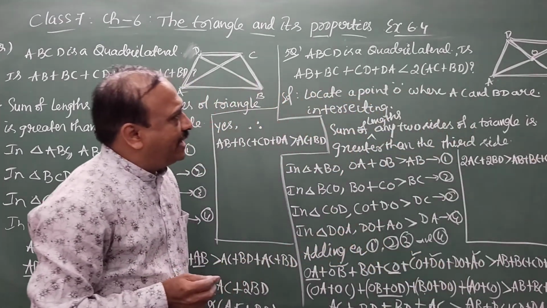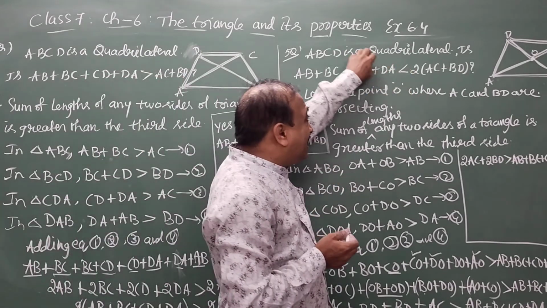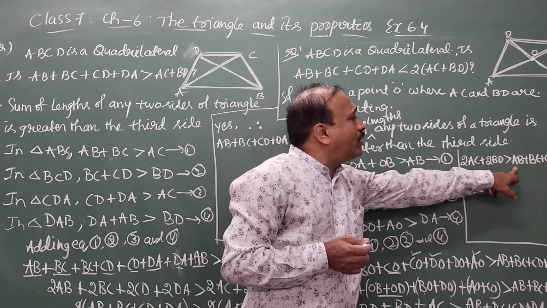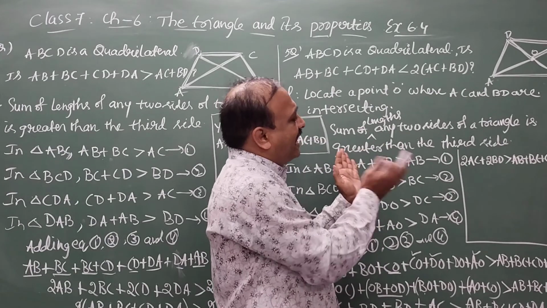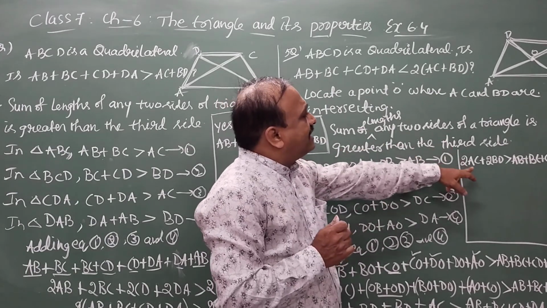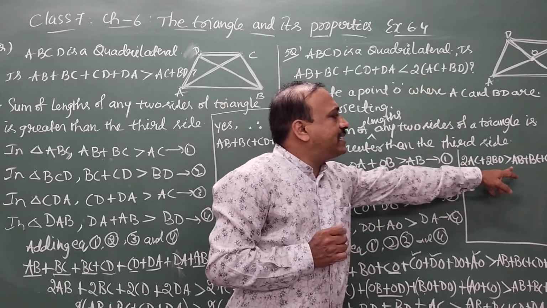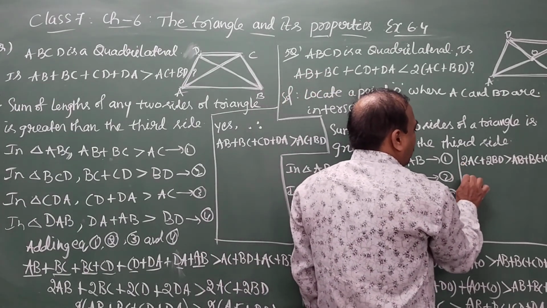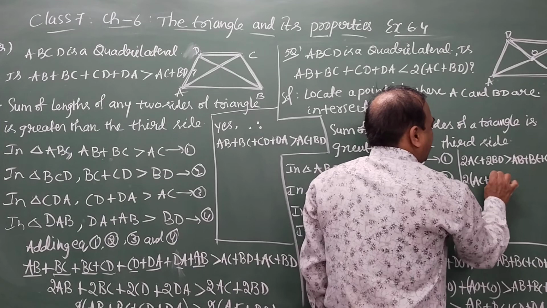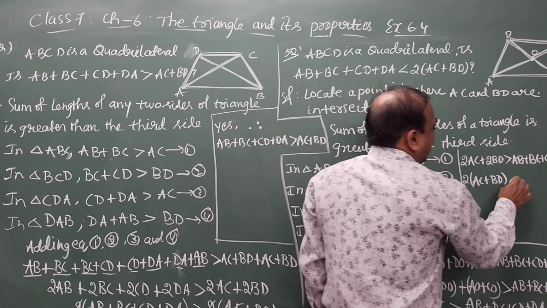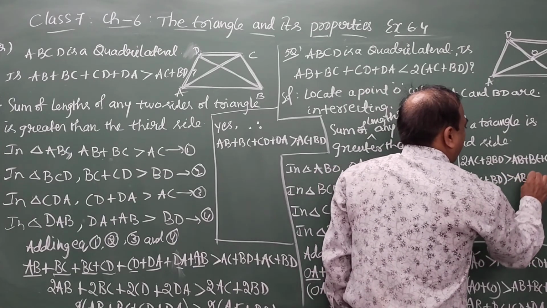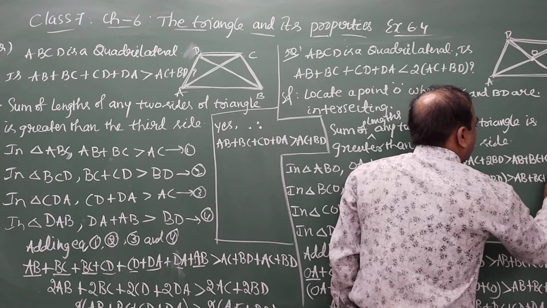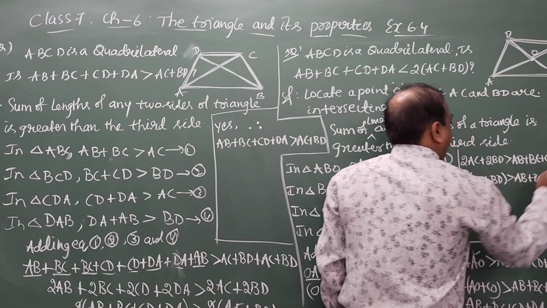Now you see what he actually asked in the question. This is the smaller side, this is the greater side. So we take the 2 common outside: 2 times AC plus BD is greater than AB plus BC plus CD plus DA.